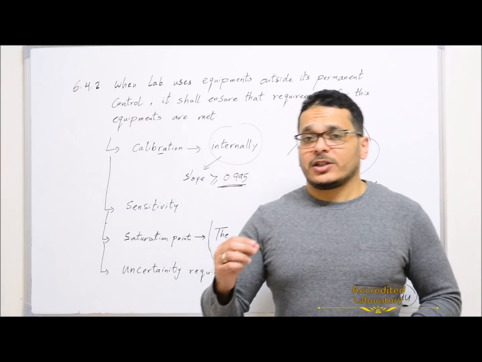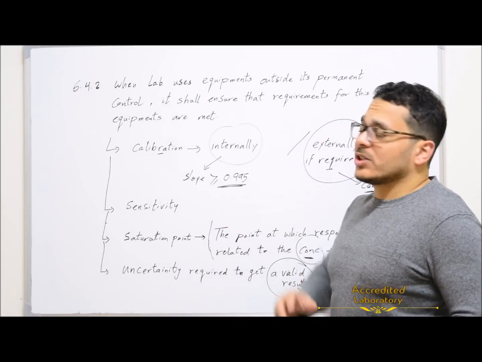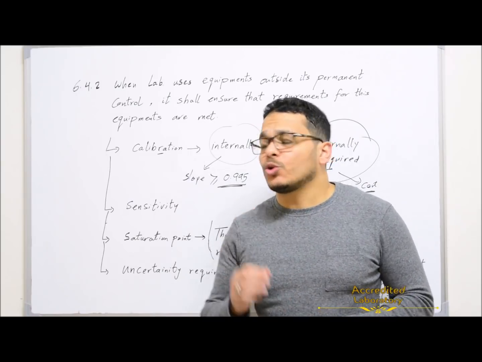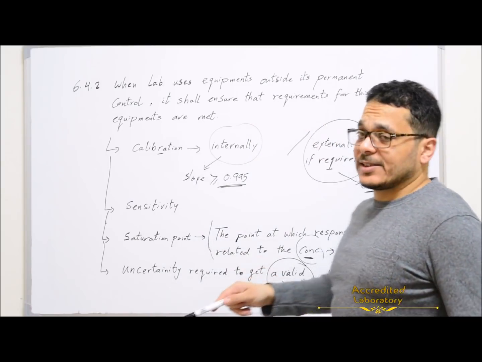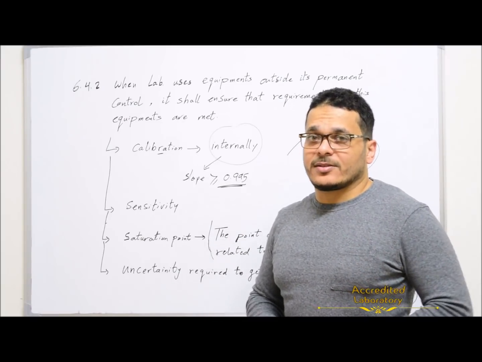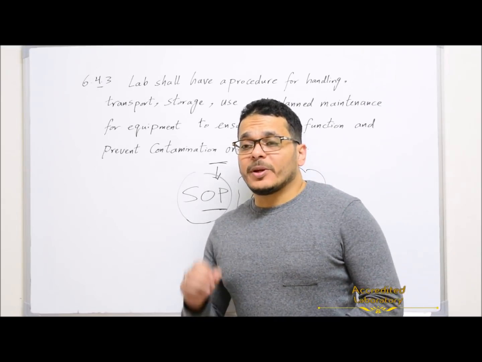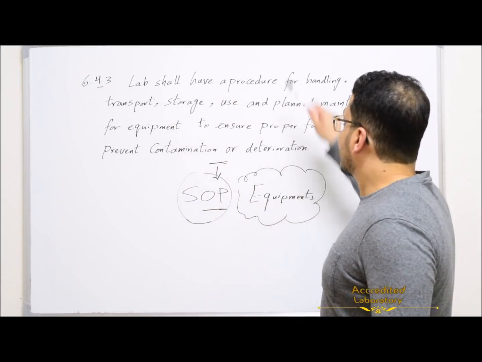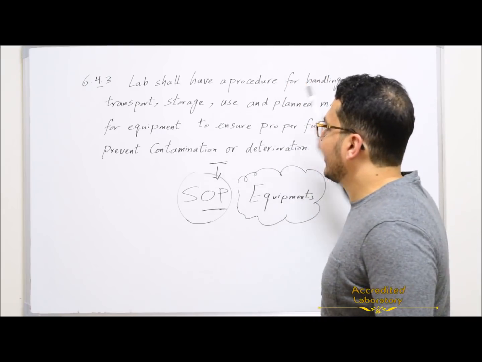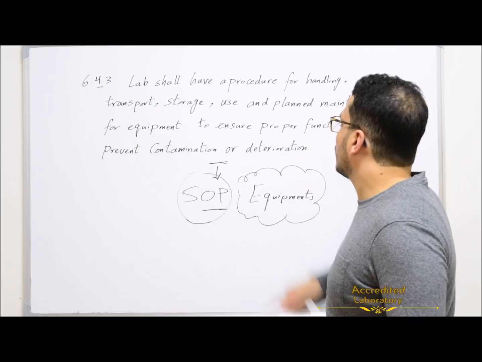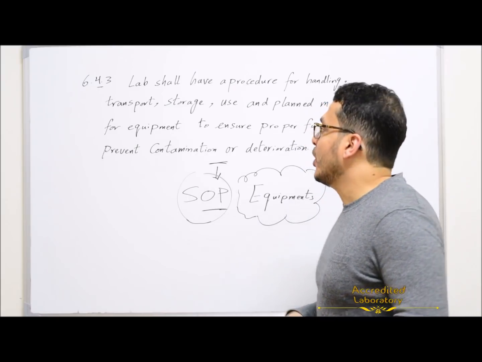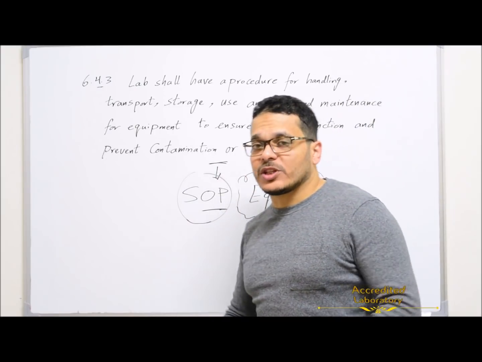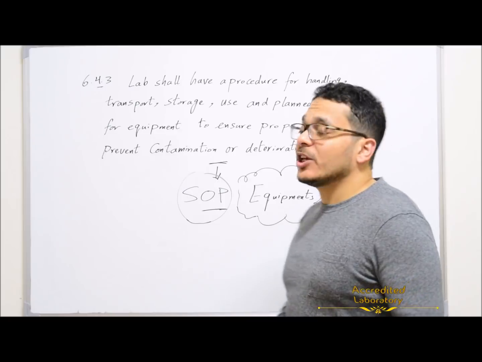But before the lab uses the equipment which is outside its permanent control, the lab shall ensure that all requirements are met. The most important point for implementation of this clause, the lab shall have a procedure, a standard operating procedure for handling, transport, storage, use, and the planned maintenance (PM) for instruments, for equipments, to ensure proper function of these equipments and prevent contamination or deterioration.